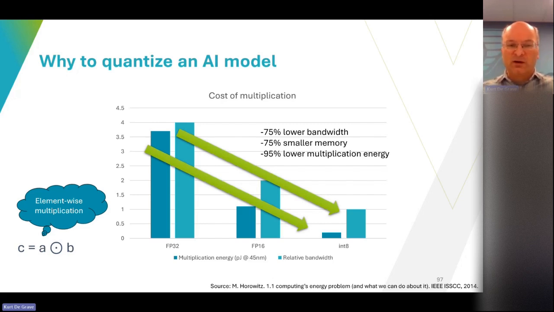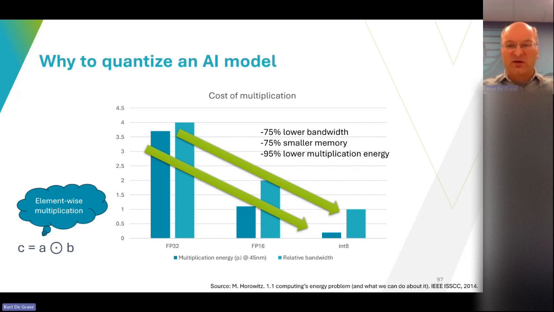But if you only have to do a multiplication of lower bit numbers, so less accurate and lower range numbers, then you need to flip a lot fewer transistors. You have to drive a lot fewer wires. And so the energy used is a lot lower.